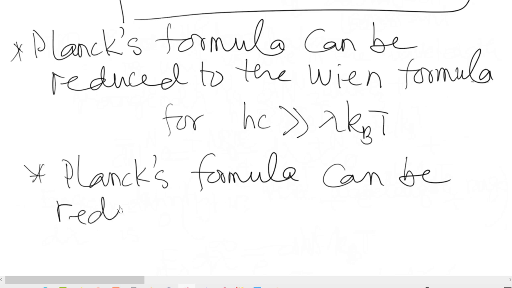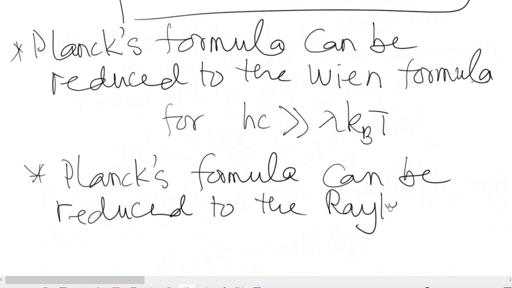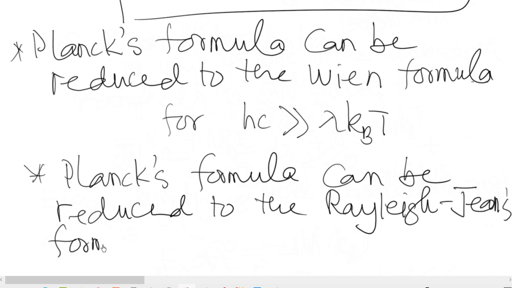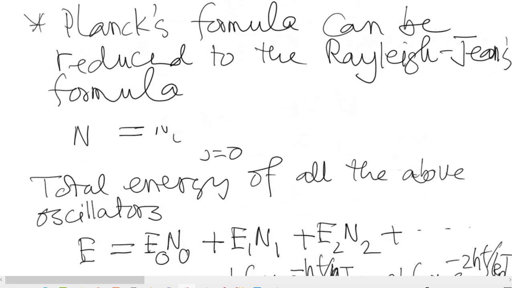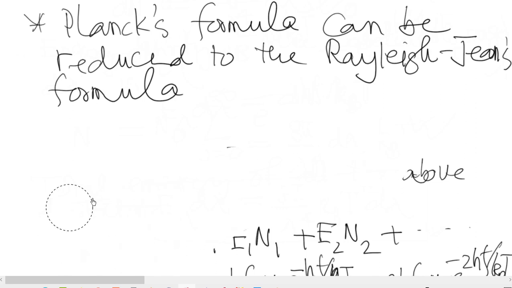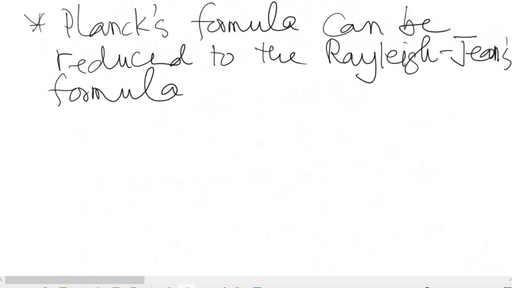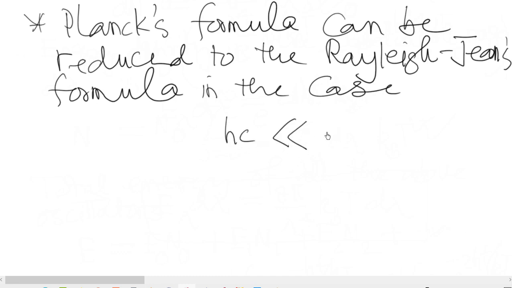Planck's formula can be reduced to the Rayleigh-Jeans formula in the case of hc by lambda much less than kBT. This means T and lambda are large.